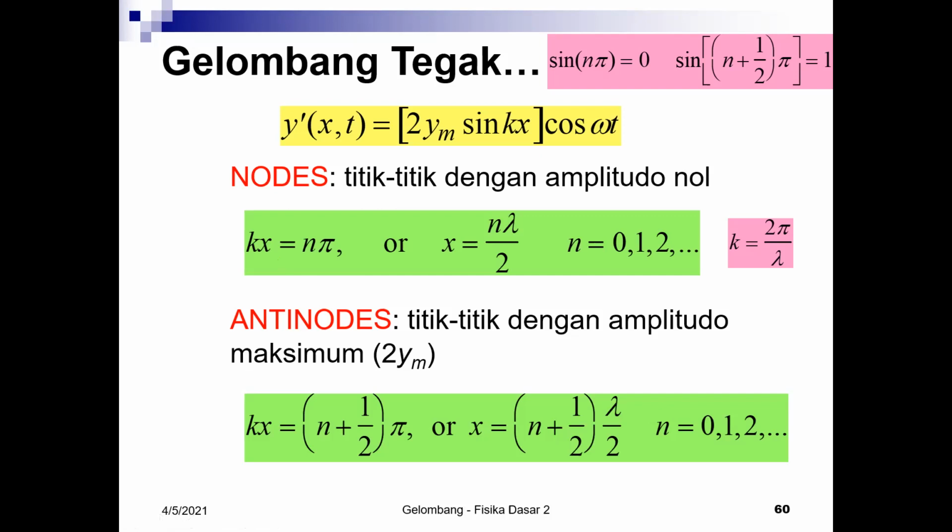For antinodes, an antinode is a point where the amplitude is maximum. So sin kx should be an odd multiple of pi over 2, or 90 degrees. So we will get this one.